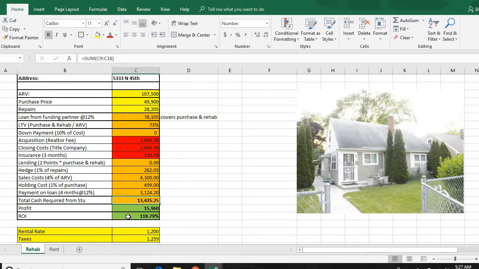So the cash that I had to put into the deal was $13,435 out of my own pocket, and I received $15,960 back.